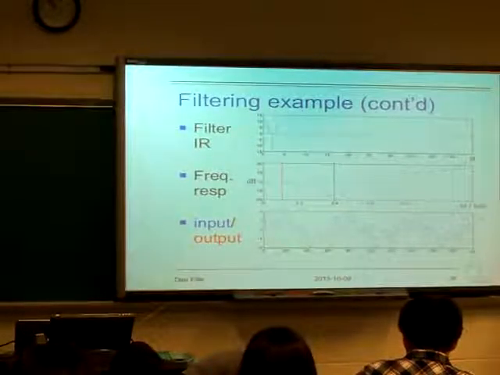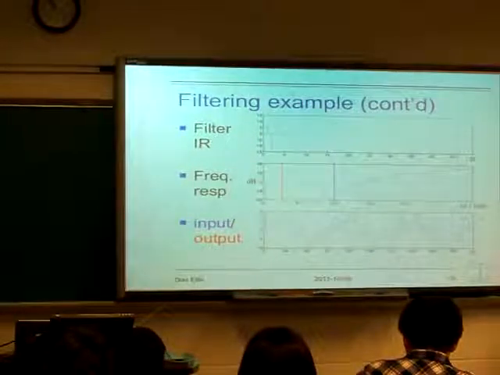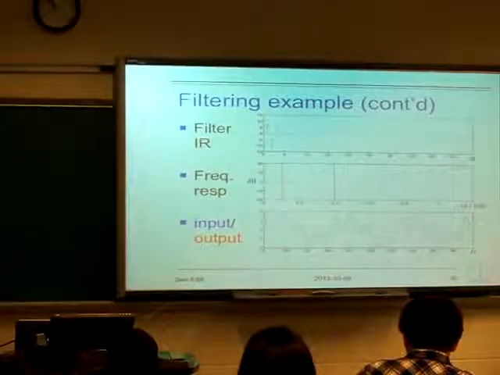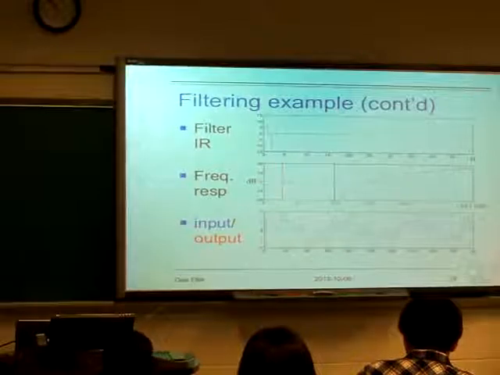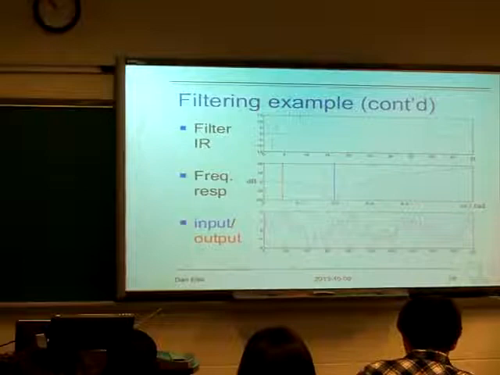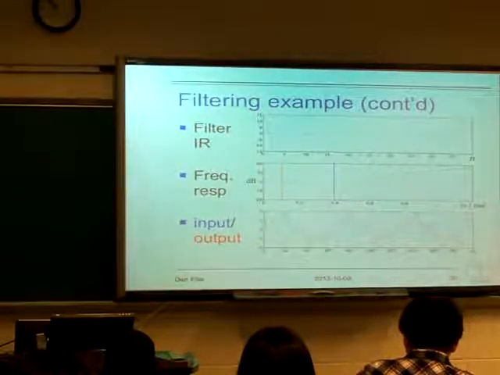For a finite order system like this, which is kind of all we can build with finite computation, it's going to have a Z transform. The Z transform is going to have a finite number of zeros. Even if we put all of those finite zeros on the unit circle, we're still only getting zeros at a set of discrete frequencies. And so the actual frequency response, we'll see filters like this.